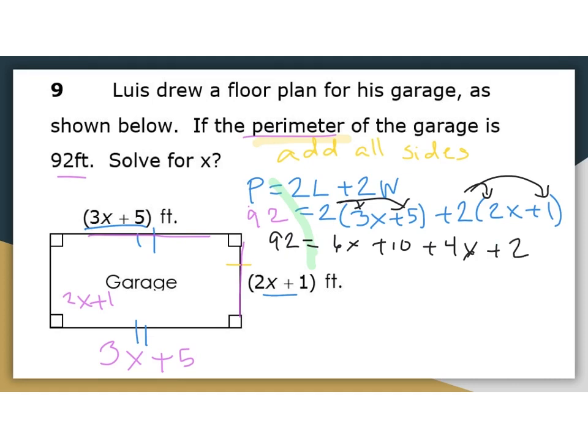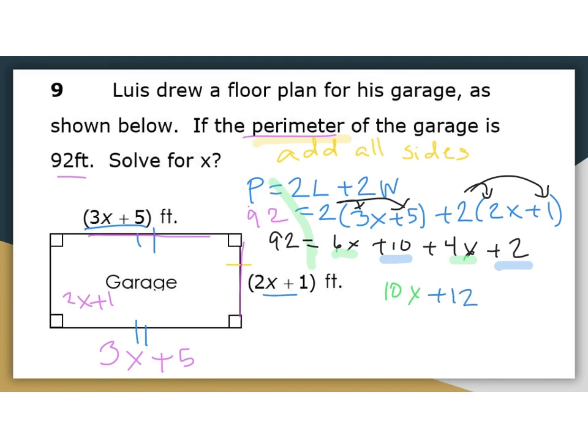So here it looks long. We have a lot of terms that we can combine, though. We have a 6x and a 4x, which together makes 10x. We also have a 10 and a 2, which when we combine them gives us 12.